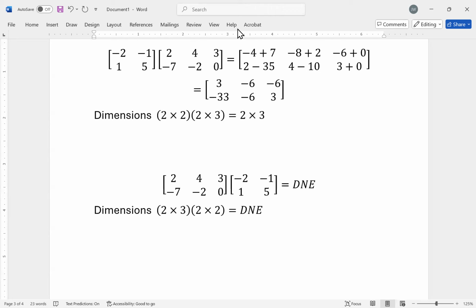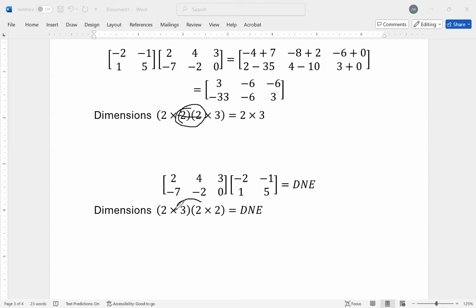Now, the key thing is that these middle dimensions matched up in the first case, and in some way, they kind of canceled each other out. So the 2's in the middle matched up and they canceled each other out.